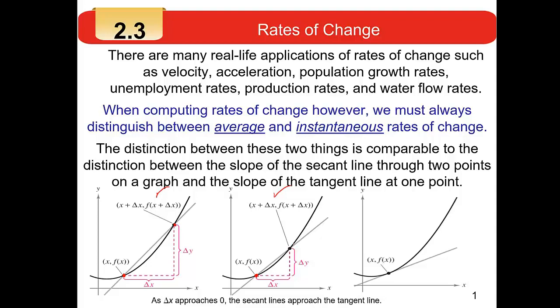You can see they're both 2 points on that curve. And when you find the slope of that secant line, you're finding the average rate of change. So these first two represent the average rate of change.